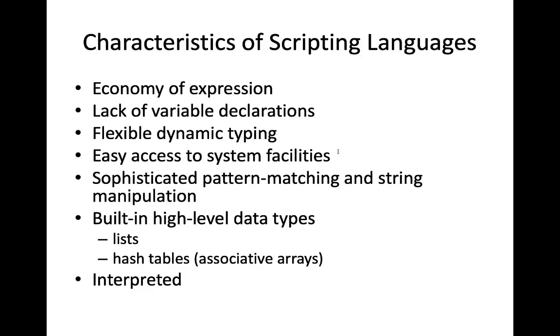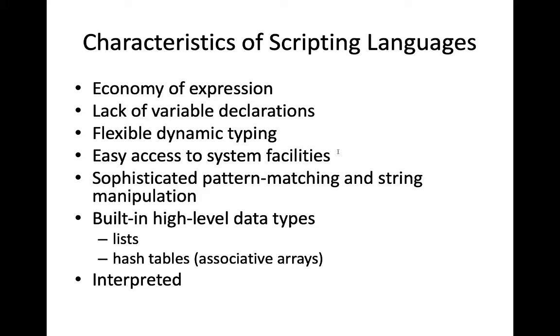So how do scripting languages achieve this goal of being much more efficient with respect to your time? The biggest thing is economy of expression. In fact, almost everything else on that list follows from economy of expression.